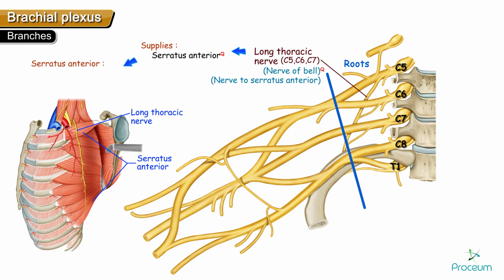When it contracts, it helps in pushing the scapula forward, as in punching movements, pushing movements, and it also helps in overhead abduction, that is abduction above 90 degrees. As the serratus anterior is helping in punching movements, it is also called boxer's muscle.